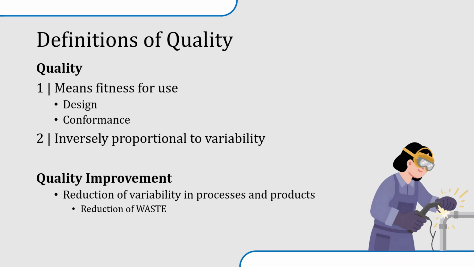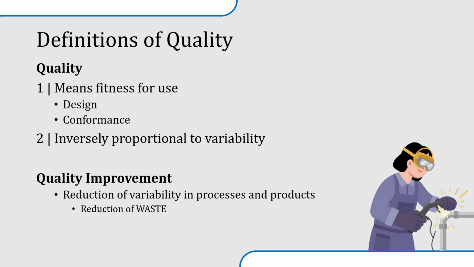In a previous video I covered the dimensions of quality, but let's get right into this video where we are going to start with the definitions of quality. So quality, there are two definitions that are used in textbooks: one means fitness for use, and that is considered under design or even the conformance of the design. And also quality is considered inversely proportional to variability.